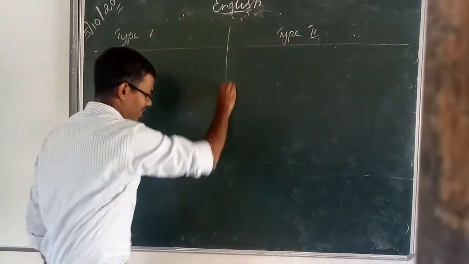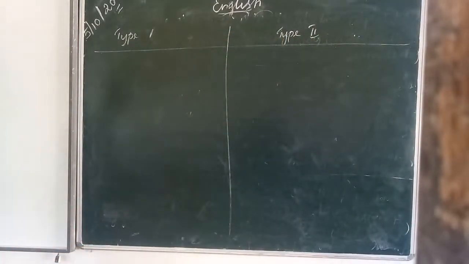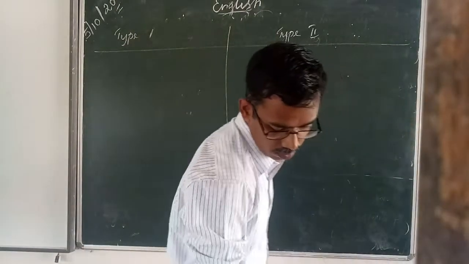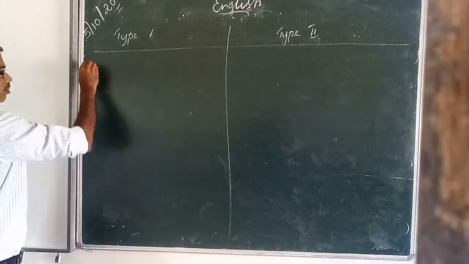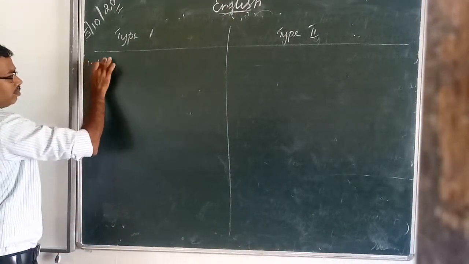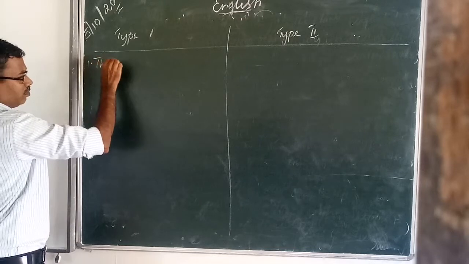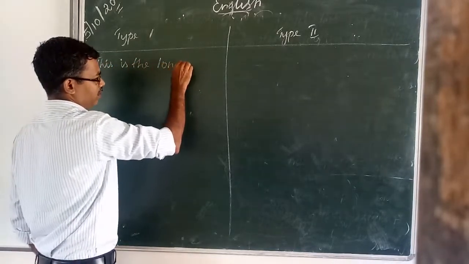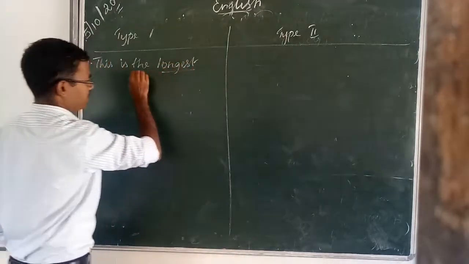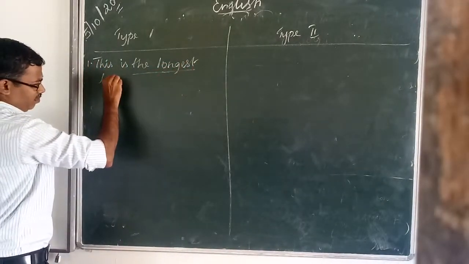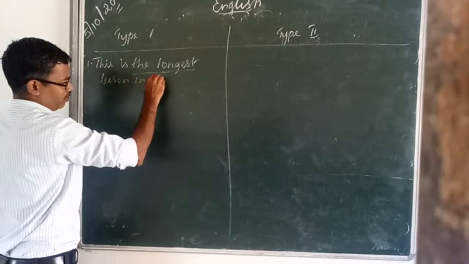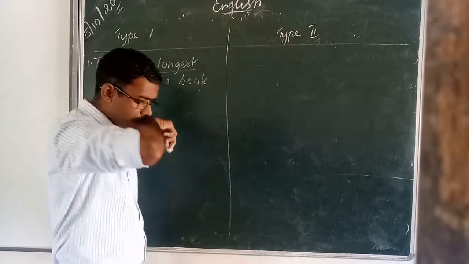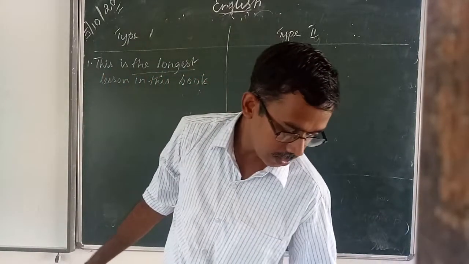Now we are going to see the difference between type 1 and type 2. This is the longest lesson in this book.